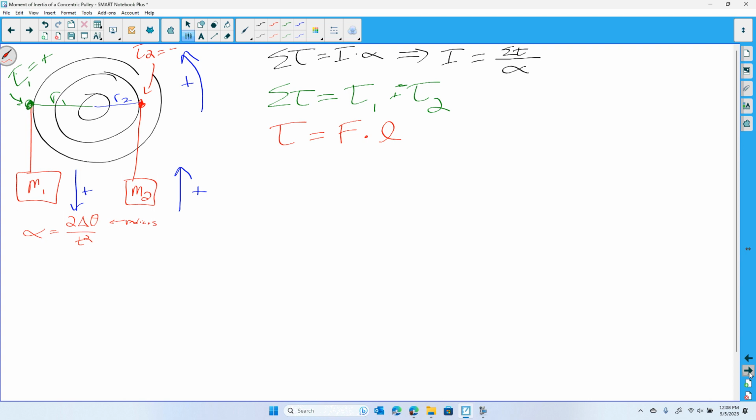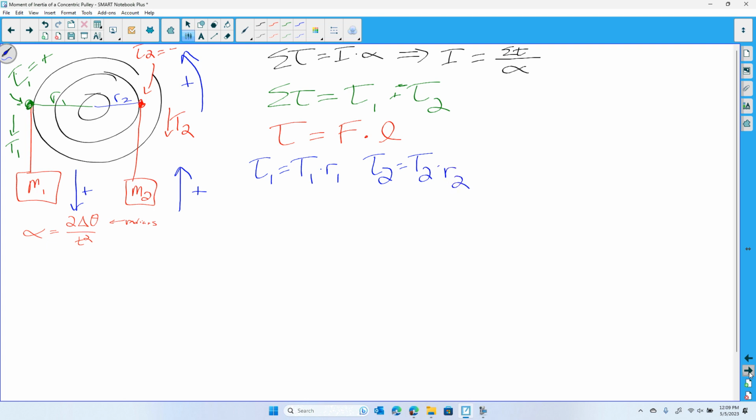In the case of mass 1, that has to do with the tension in that string. In the case of mass 2, that has to do with the tension in that string. And tension 1 is being exerted at a distance of r1 from the center of rotation. So that means our torque 1 is going to be tension 1 times r1, and our torque 2 is going to be tension 2 times r2.